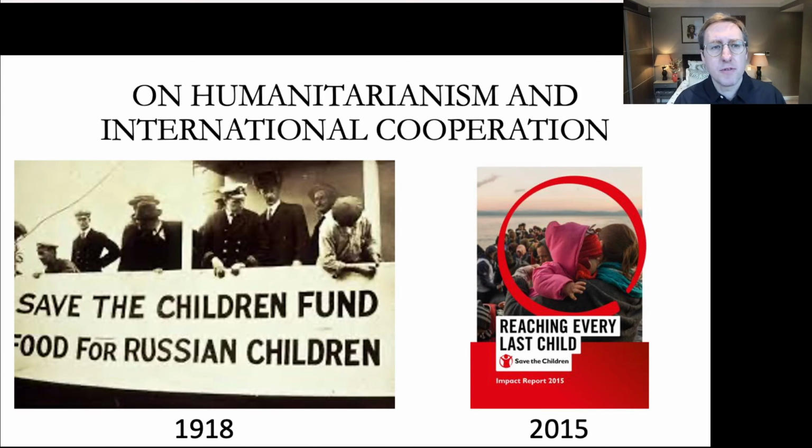Again, stories of humanitarianism and international cooperation we find today: we switch on the TVs, there's an appeal, for instance, from the Save the Children Fund and other funds to help people fleeing war and destruction. Well, if we go back to 1918, more than a century ago, then we find the beginnings of humanitarianism as we know it today.